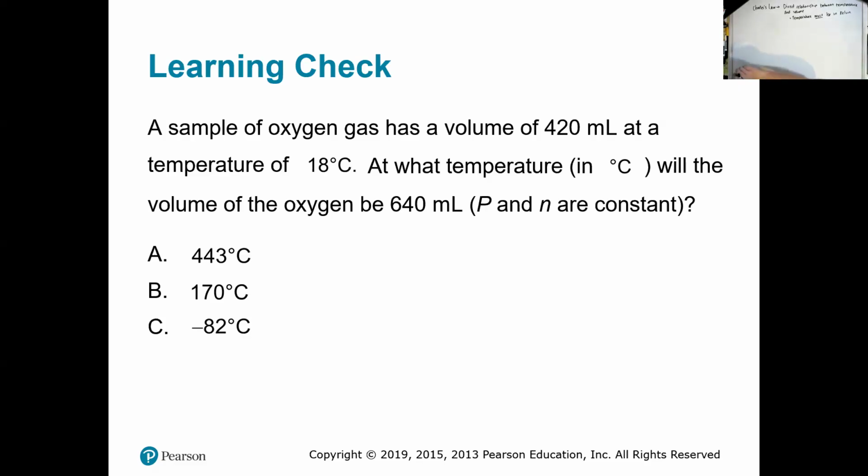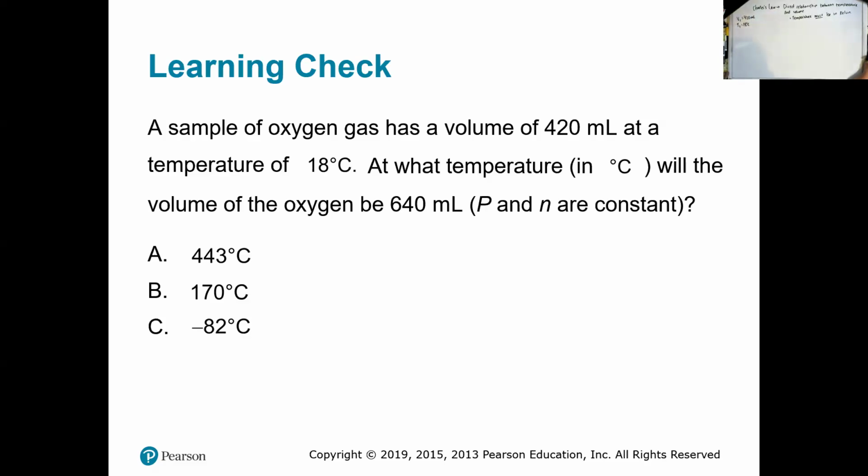Okay, so for this one, I'm going to list out the properties that they've given us, just to save a little bit of room so we can manipulate the equation. So we'll say that our volume 1 is going to be 420 milliliters. Our temperature 1 is going to be 18 degrees Celsius.